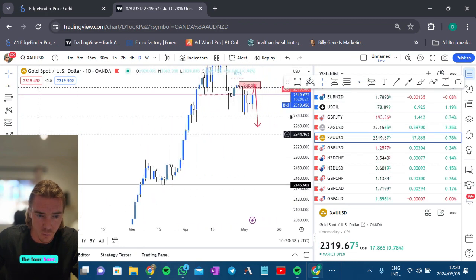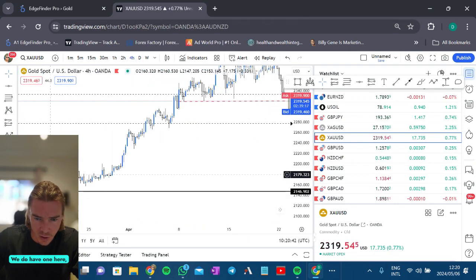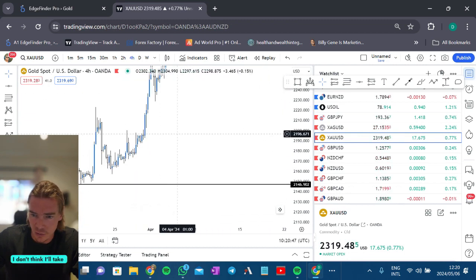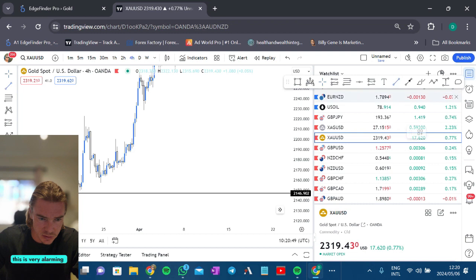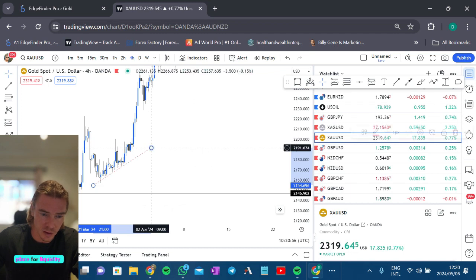If I drop down to the 4 hour, do we have any more of those engulfing candles that I look to trade for? We do have one here, but I don't like its positioning. Because of that, I don't think I'll take the buy here, guys, because this is very alarming. When this normally tends to happen, it's a very good place for liquidity grabs.